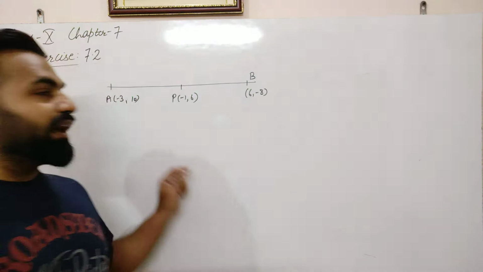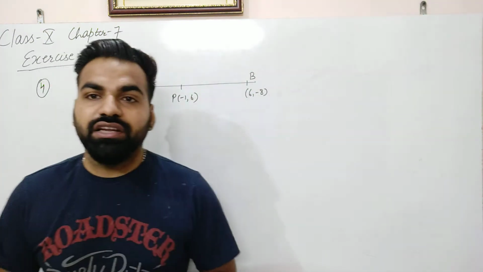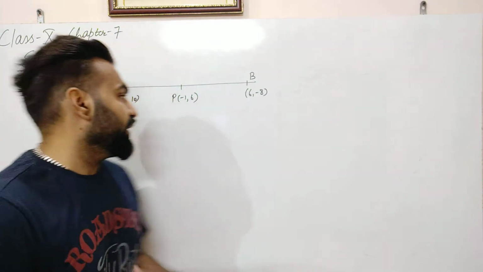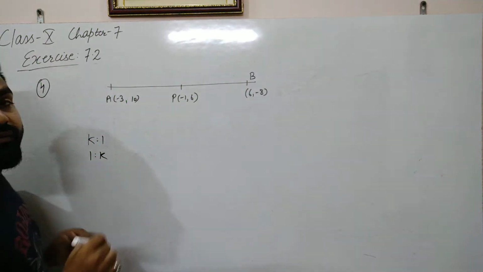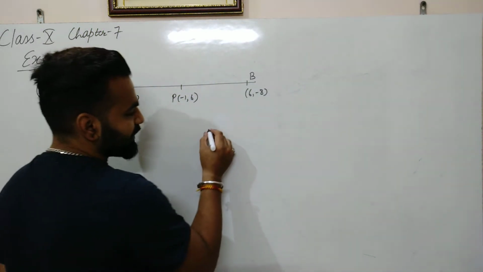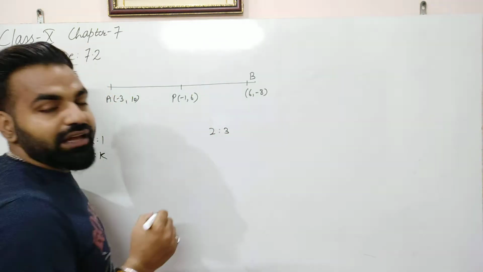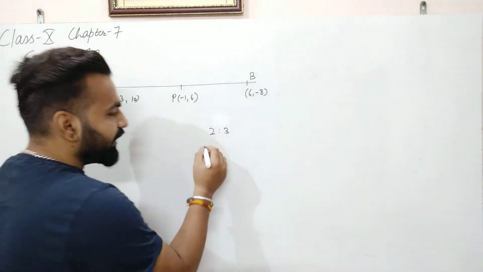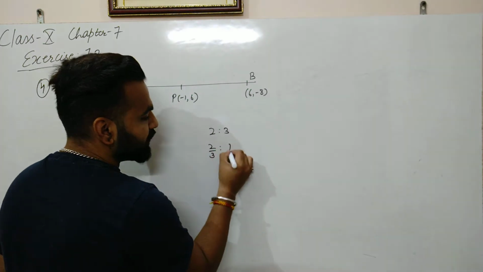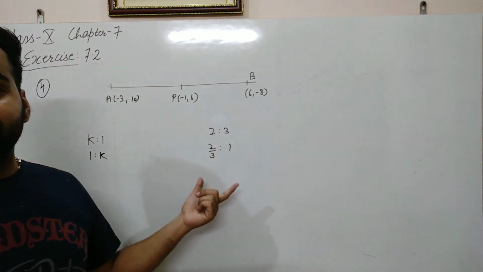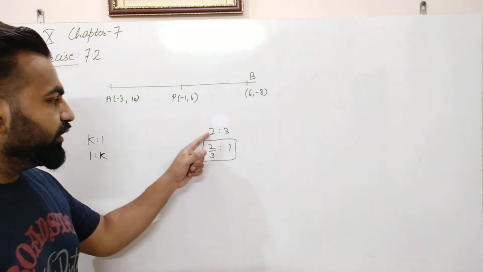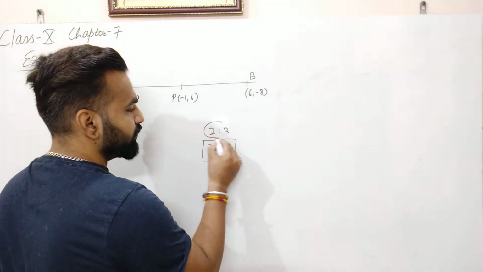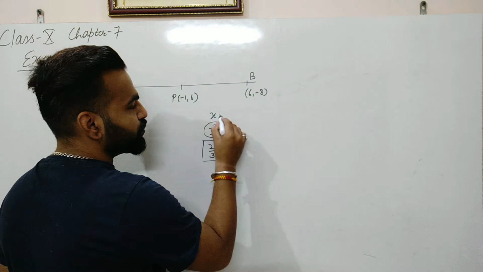So the point is given here, ratio we have to find. So whenever we have to find the ratio, we suppose the ratio in the form of either k/1 or 1/k. Why so? Because, for example, the ratio is 2:3. The answer is 2:3. We can write it as 2/3:1. Divide both sides by 3. This has the same meaning here. But if we take it in the form x/y, then we have to suppose two variables.